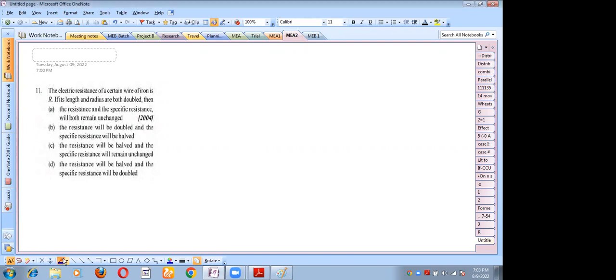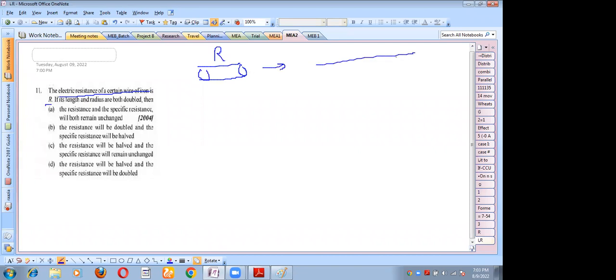So what it says is that the resistance of a certain wire is R. Suppose we have a wire like this, and its resistance is R. Length and radius both are doubled. So the length is doubled and the radius is also doubled.